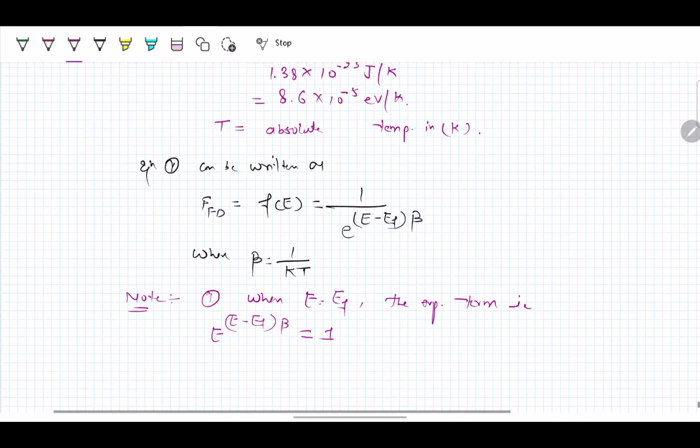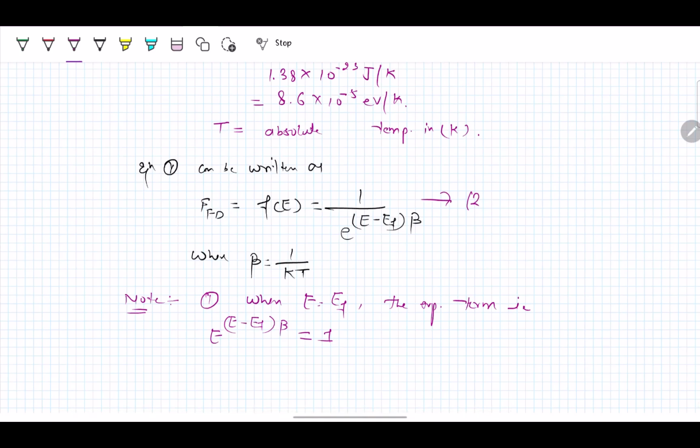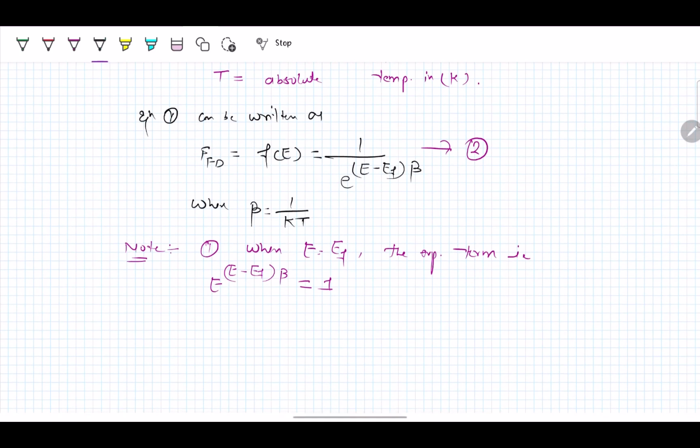In that case, equation number 2 will become the Fermi-Dirac function f(E) = 1/2.